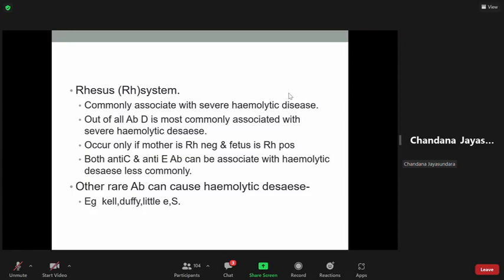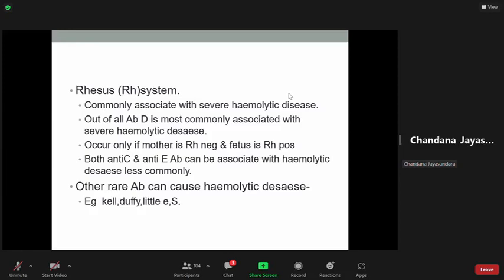Anti-C and anti-E can also be associated with hemolytic disease, but they are less common than RH anti-D sensitization events. That is because, as I told you, the immunogenicity of the others, anti-E and anti-C, is much less than anti-D.